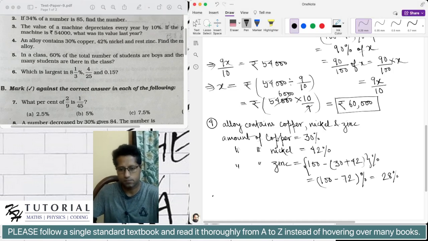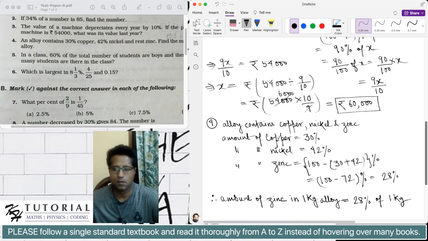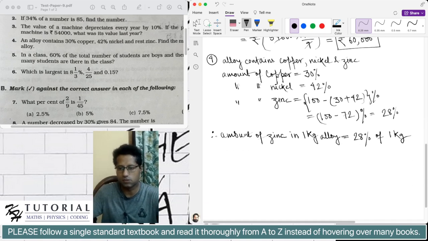So therefore the amount of zinc in 1 kg alloy will be equal to 28% of 1 kg. 28% of 1 kg means 28 by 100, a fraction of 1 kg.